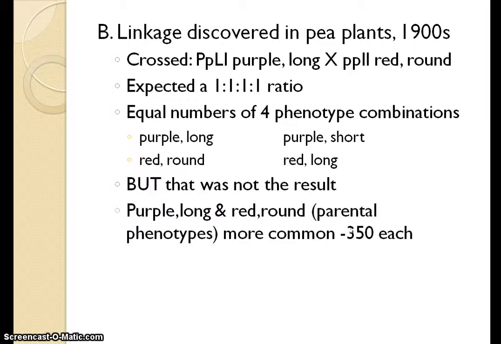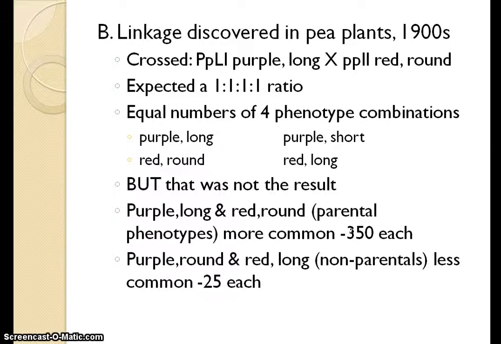Instead, we ended up with a lot of purple longs and a lot of red rounds, about 350 of each of these types. These were, not coincidentally, the same as the parent phenotypes. So purple long and red round are considered the parental phenotypes, and these two were more common. We did have a few of the non-parentals.